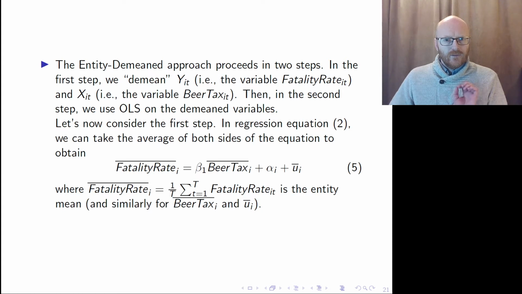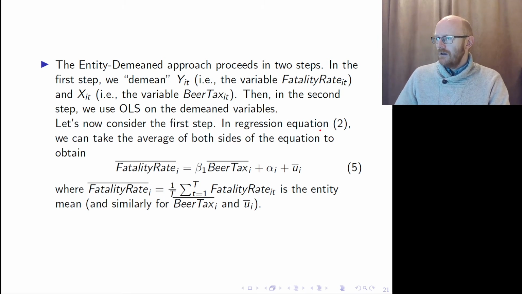What is it? Well, we have 2 steps. In the first step, we just subtract the mean of the variable, the y variable. Then we use the ordinary least squares, the regression method, on the demeaned data. So the first step is a bit tricky to get the hang of.